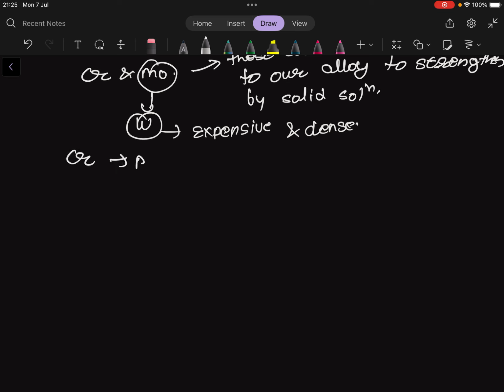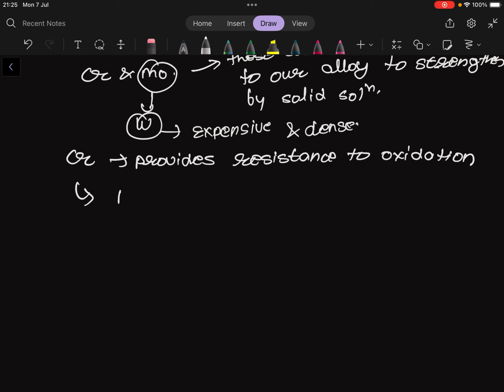Chromium is present in this alloy in high amount, more than 9% by weight, which is sufficient to form a stable layer during oxidation to provide resistance.